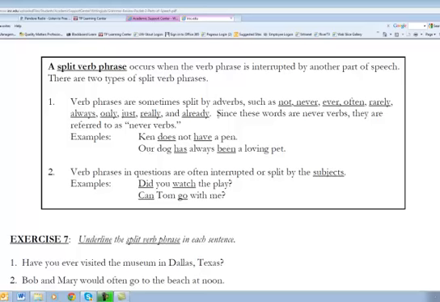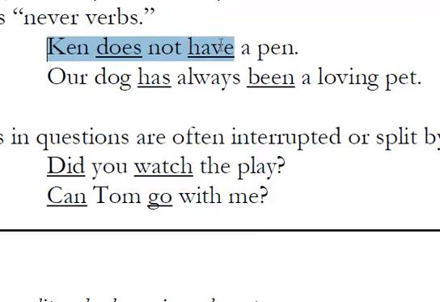You could have adverbs such as not, never, ever, often, only, and they can interrupt your verb phrase. So for instance, Ken does not have a pen. Does and have are verbs, but the word not is not part of the verb phrase. So you have to be careful not to identify it as a verb.